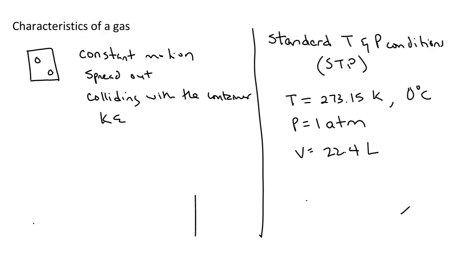They have kinetic energy because they're moving. They have low density. Let's see what else. They're moving, they're spread out, colliding. They have kinetic energy. Each particle behaves by themselves. They don't interact with each other.